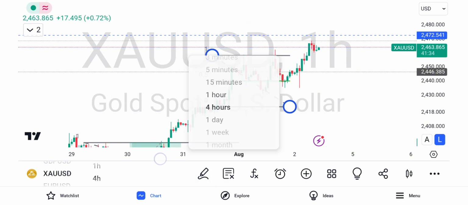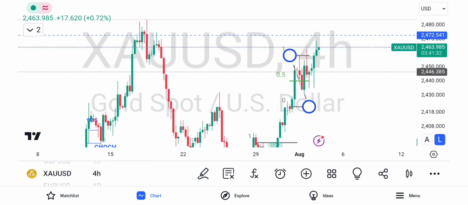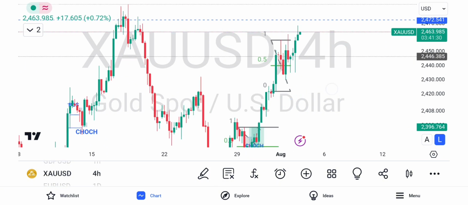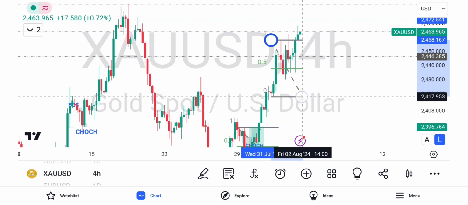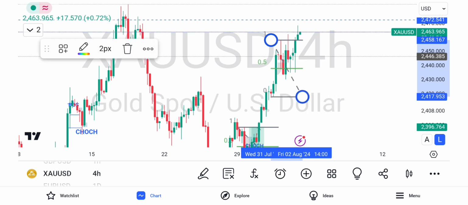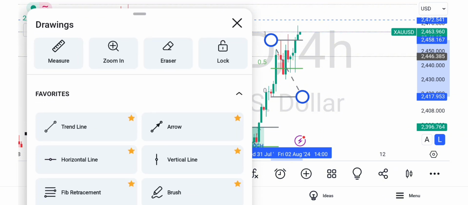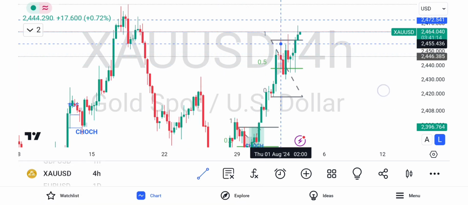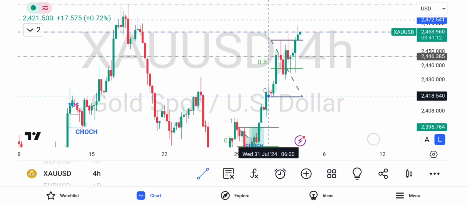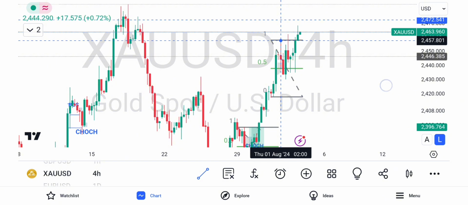Forgive me, let me do this. This is the impulsive move we measured at a 4-hour time frame. This impulsive move gave us the reason to draw the fib 2 from this point to this point.